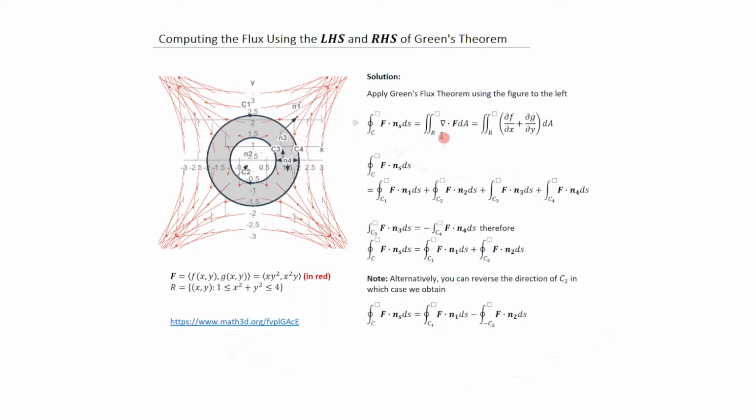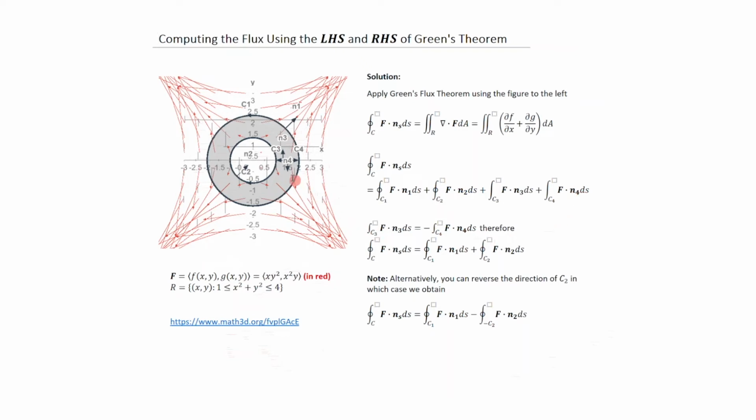This is equivalent to the divergence of the vector field integrated over the area enclosed, which is the double integral of dF/dx plus dG/dy dA, where F is this term here and G is this term here. Since this contour consists of 4 segments, we've written it out as follows.